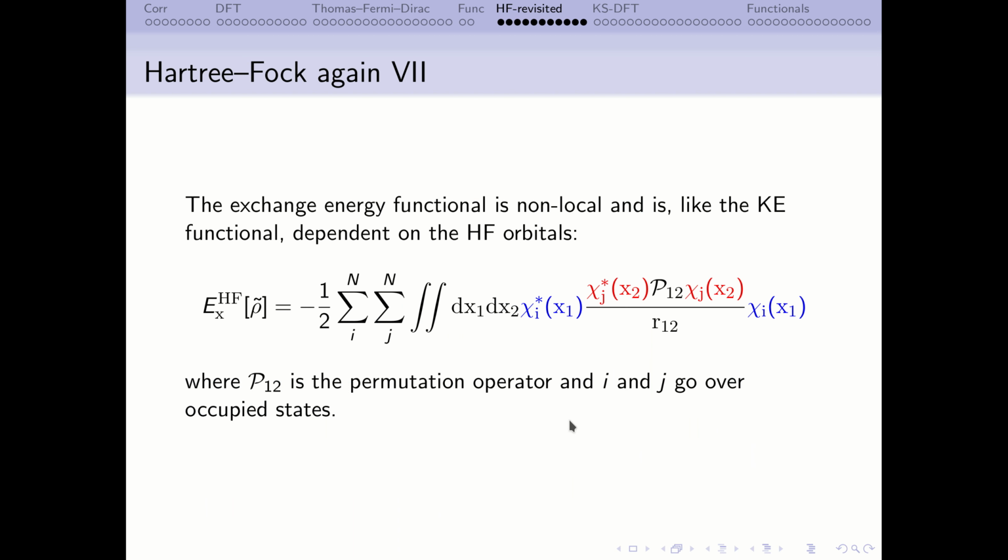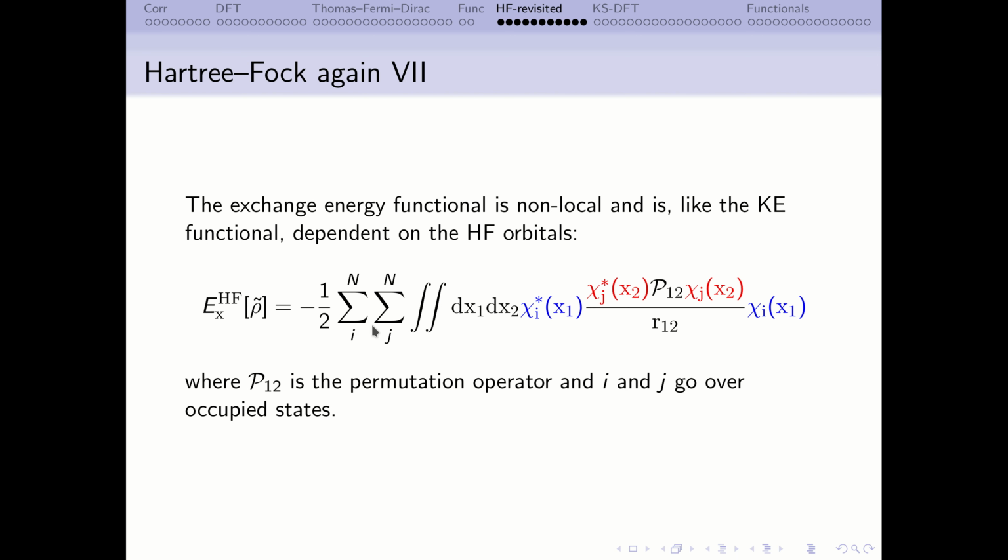Now, what about the exchange functional? Well, the exchange functional is also written in terms of this rho tilde, or rather more explicitly, it's in terms of the chi's, not the rho tilde. You should recognize this from Hartree-Fock theory.